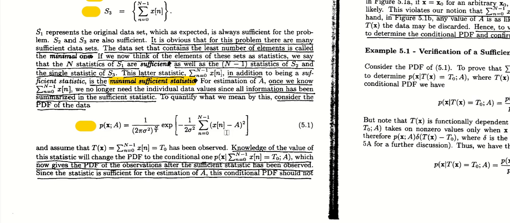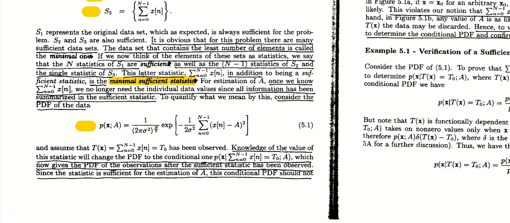So we would like to know if the PDF can be factorized into a function of the minimum sufficient statistic. And of course, in this case the answer is yes. So T of x is equal to the summation of x[n].